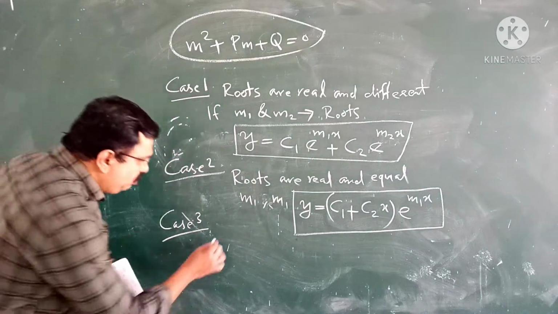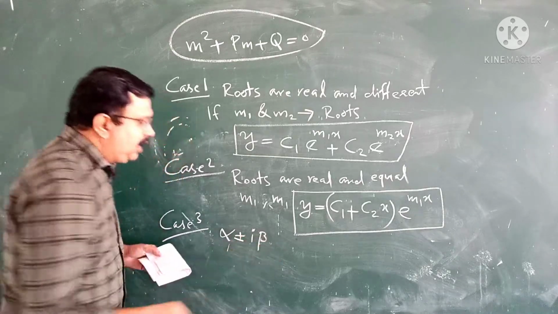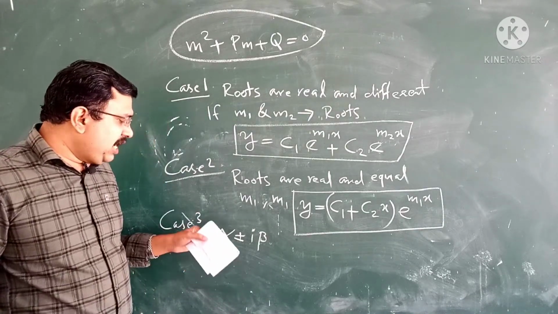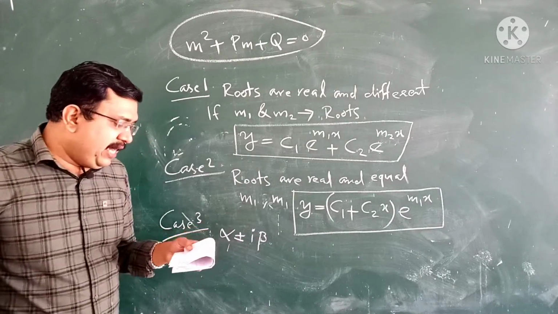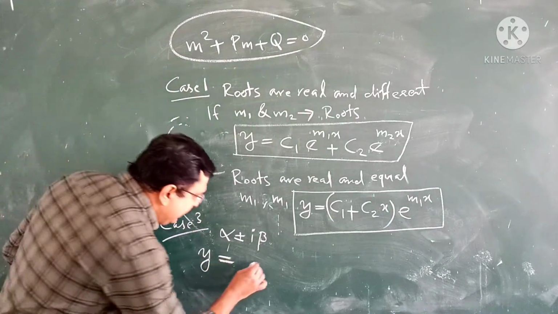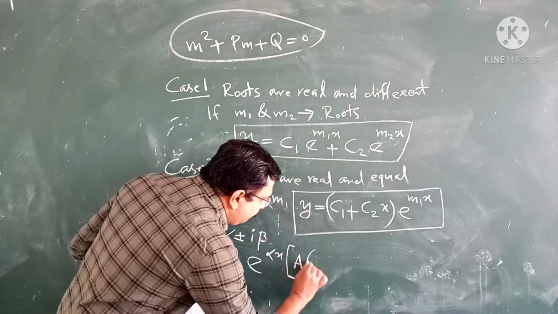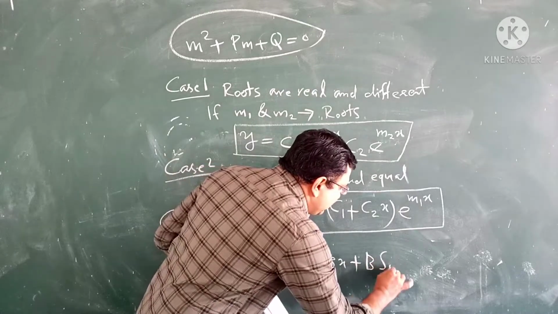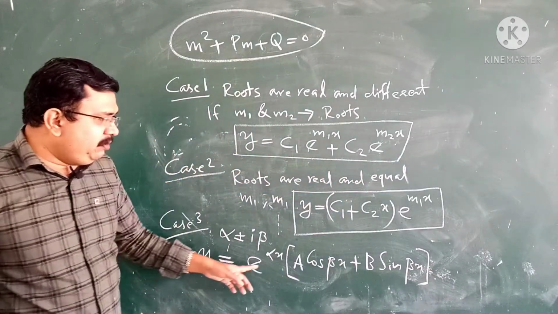That is, if the roots are of the form alpha plus or minus i beta, where i is root minus 1, then the solution is y equal to e raised to alpha x into a cos beta x plus b sin beta x, where a and b are constants.